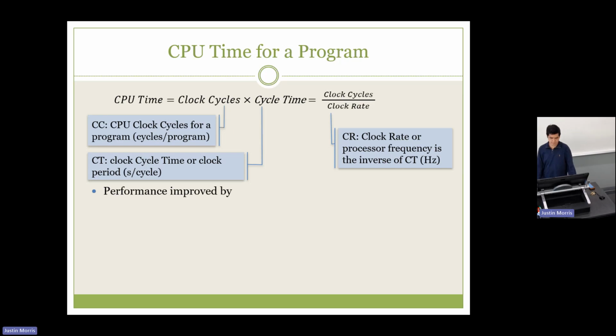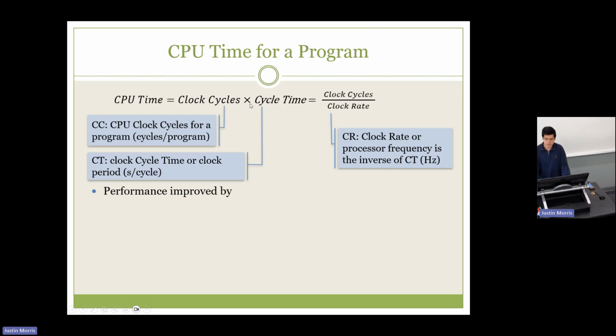Less cycle time, yes, but what else would have to happen if we have more simple instructions? Most likely, we would increase the number of instructions. And if we increase the number of instructions, most likely we increase the number of clock cycles. But if the ratio is lower, then it still would be worth it.